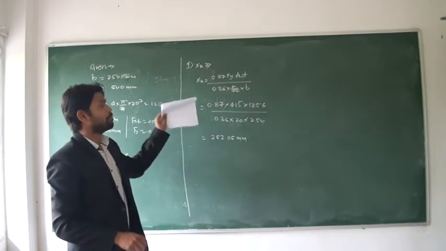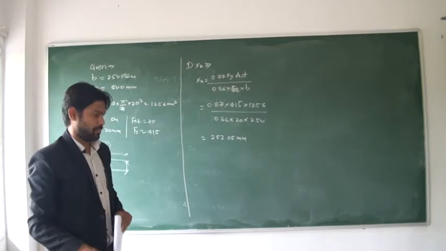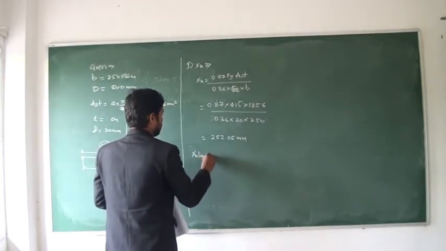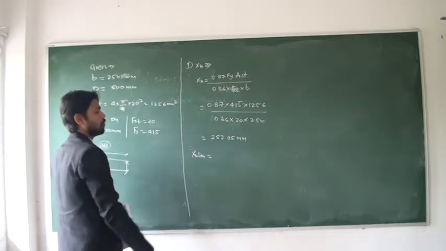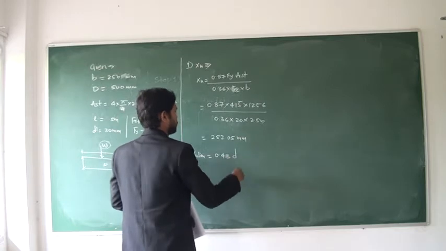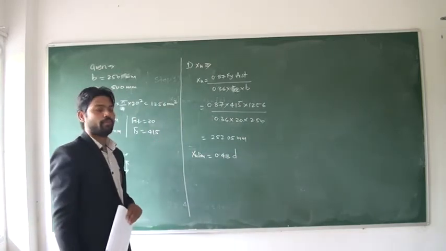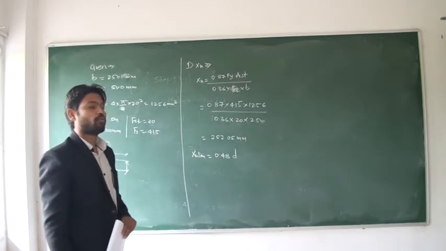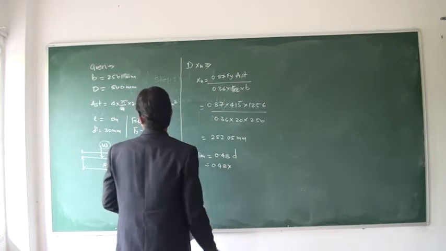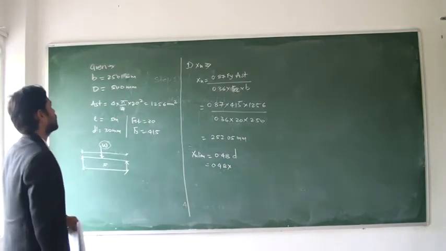Now you have to compare this actual Xu with Xu limit, means limiting value of neutral axis. So what is Xu limit? For Fe415 grade steel, it is 0.48d. We have derived this. So 0.48 multiplied by small d. Now see, here overall depth is given, effective cover is also given.